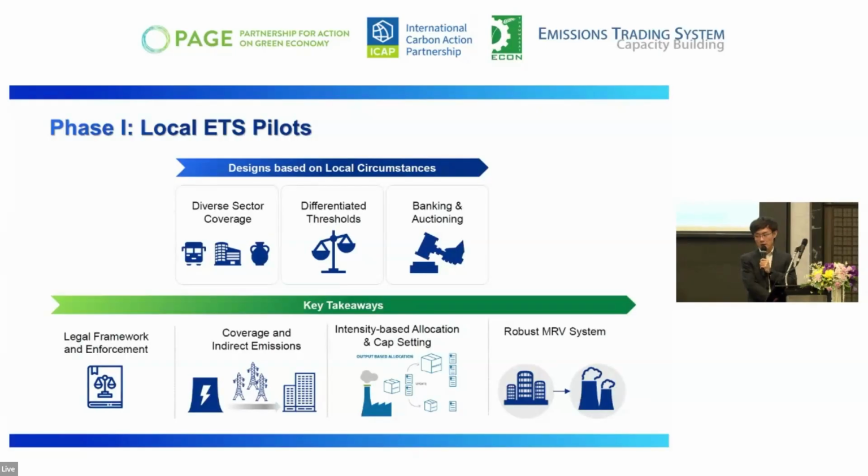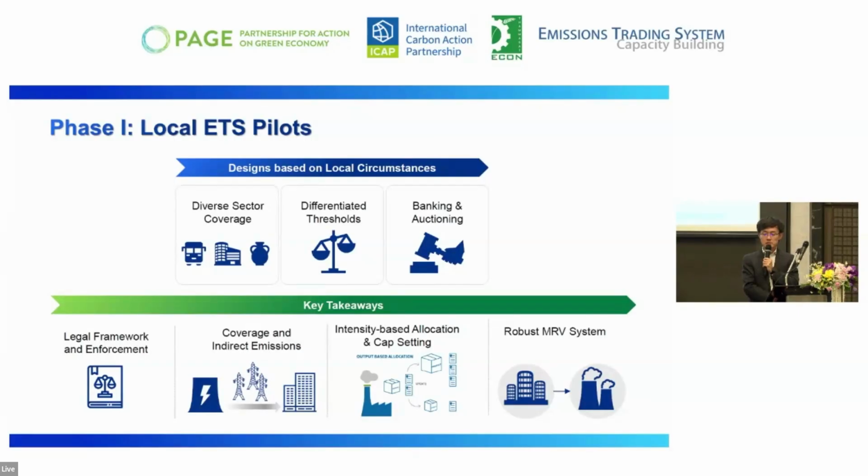Like in Beijing, Tianjin, and Shenzhen, especially Beijing and Shenzhen, for now it's 3,000 tons per year of annual emissions, and the entity will be covered by their own pilot ETS. So this is really designed based on their pilots' or their jurisdiction level status.